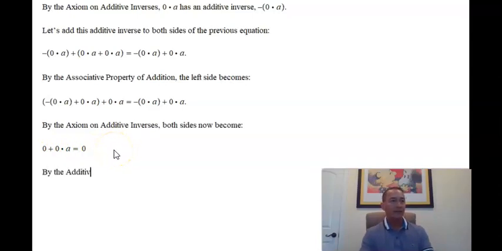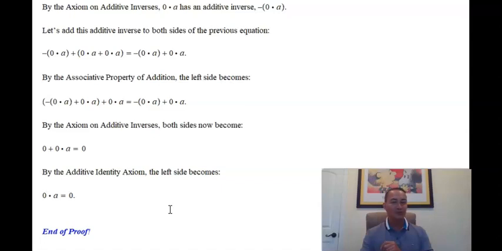By the additive identity axiom, the left side becomes just 0 times a, and on the right side, we get 0. Ta-da! That's what we wanted to show, and so that is now the end of our proof.